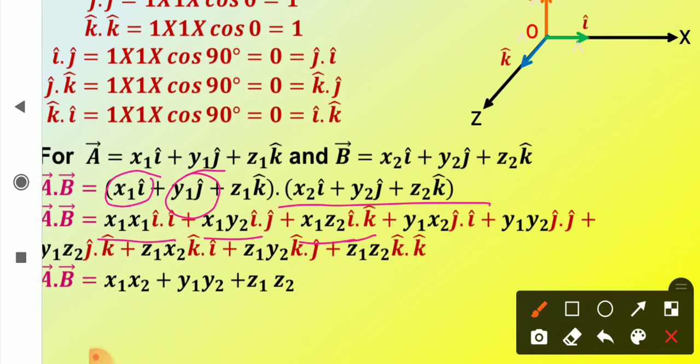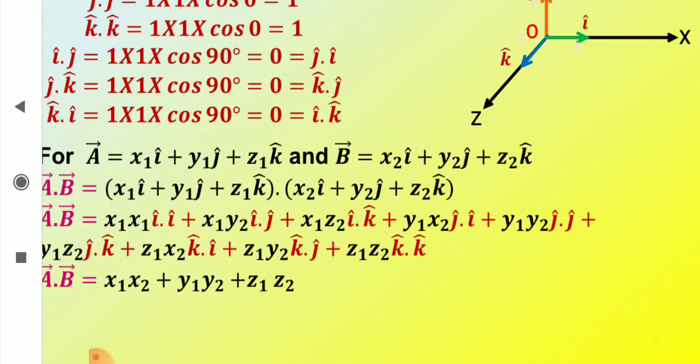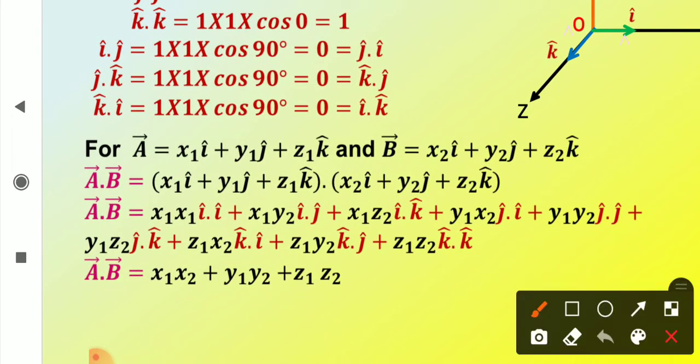So y1 x2 j cap dot i cap plus y1 y2 j cap dot j cap plus the next term y1 z2 j cap dot k cap plus z1 x2 k cap dot i cap plus z1 y2 k cap dot j cap plus z1 z2 k cap dot k cap.